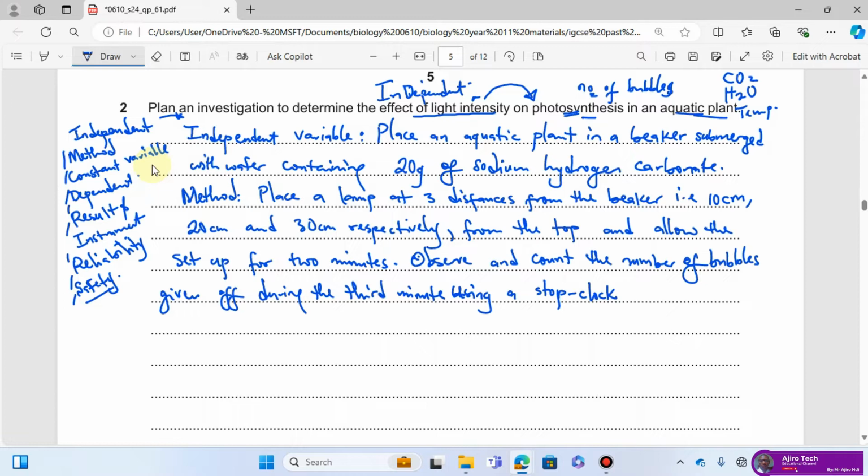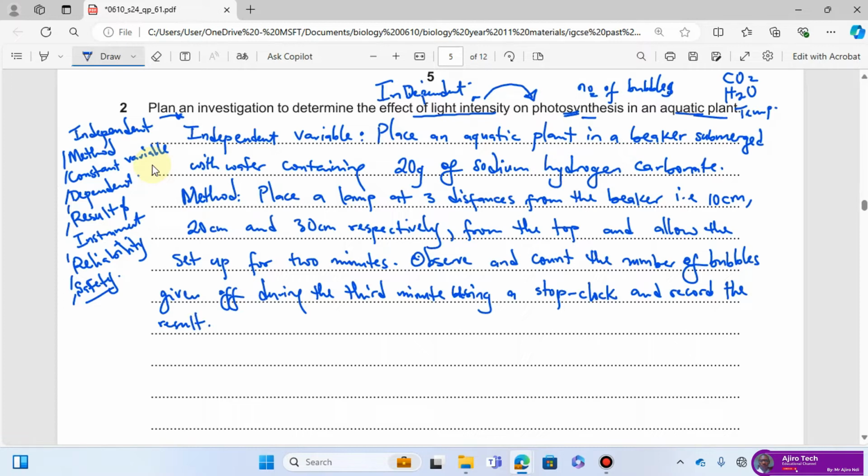That's the instrument to measure your result, and record the results.